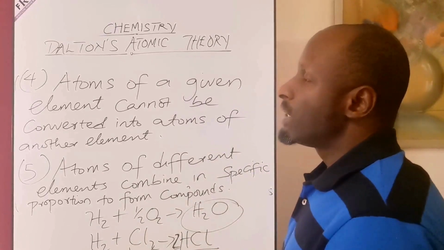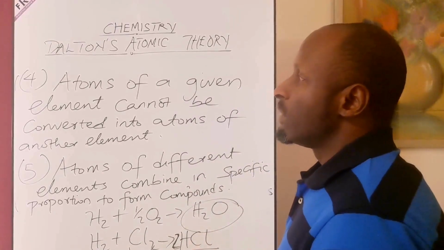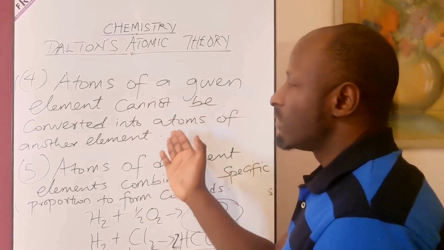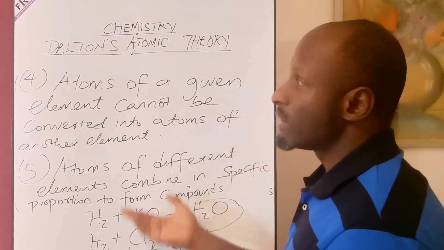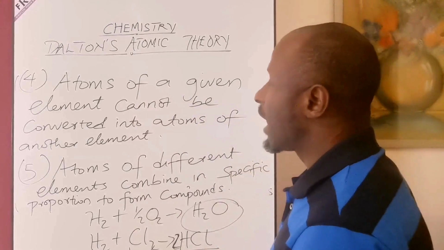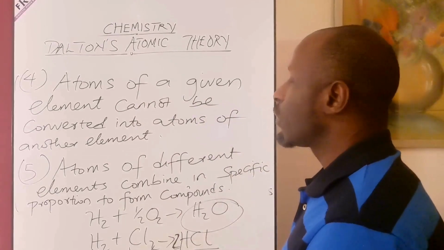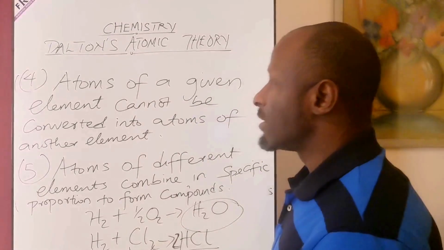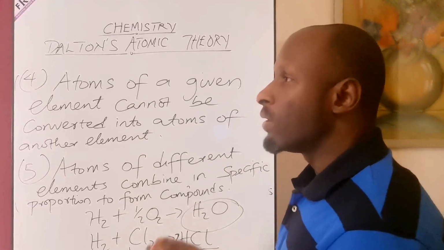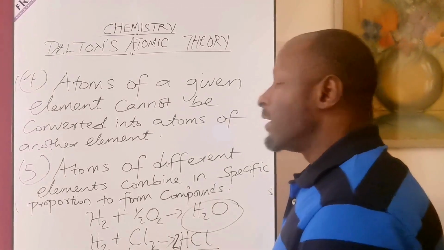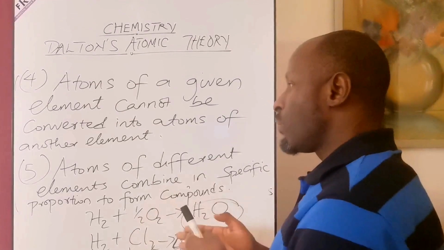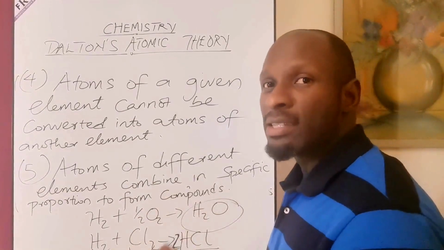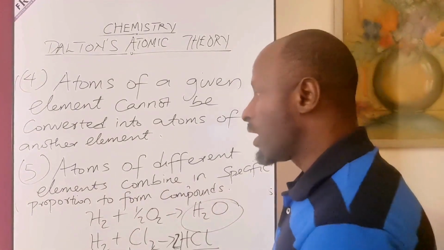So, in the modern or modified atomic theory, this particular point is not written this way. It says something like atoms of a given element cannot be converted into atoms of another element through a chemical reaction. Okay? Through nuclear reaction, it is possible, but through chemical reaction, it is not possible. Okay? Good.